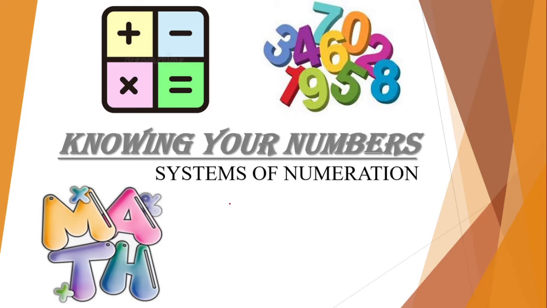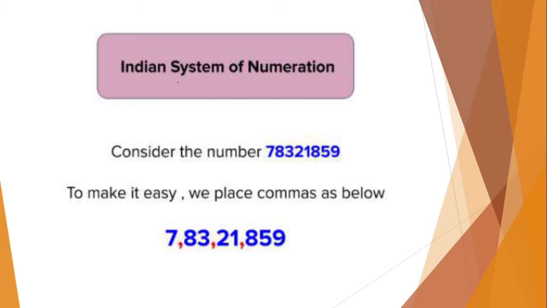Now let's begin with systems of numeration. The first system we have is the Indian system of numeration. Consider the number 78321859. To make it easy, we place commas. It's a very big number to see, right?